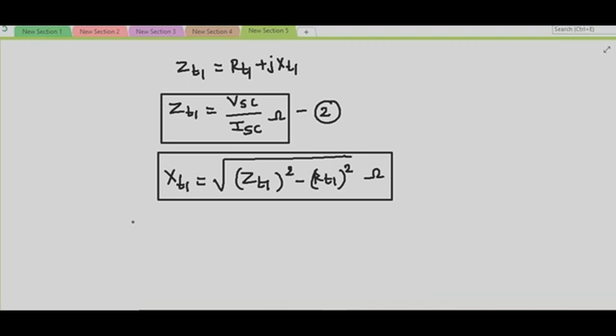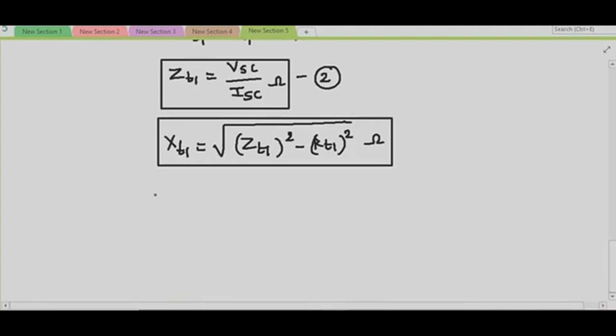So in that case, if you are drawing the equivalent circuit referred to the secondary side and you are applying the voltage to the secondary and you are short circuiting the primary, at that time your WSC is nothing but ISC square into RT2, right?